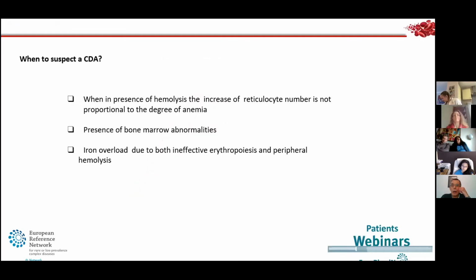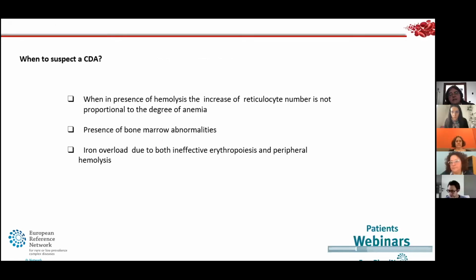When we have a suspicion of a CDA, the number of reticulocytes is not increased in proportion to the degree of anemia. So we expect that based on anemia, we have a rise in reticulocyte number, but in the case of CDA, the reticulocytes are low.